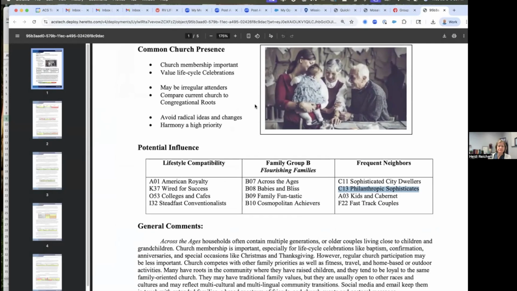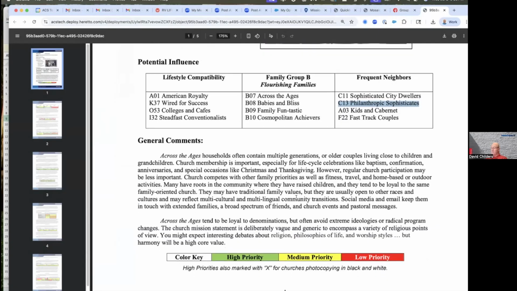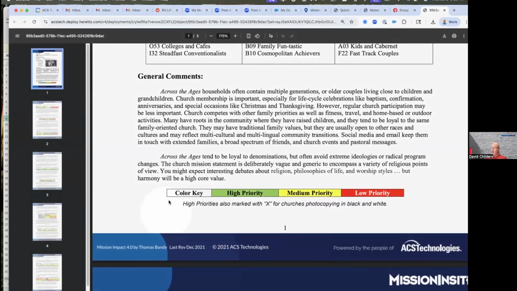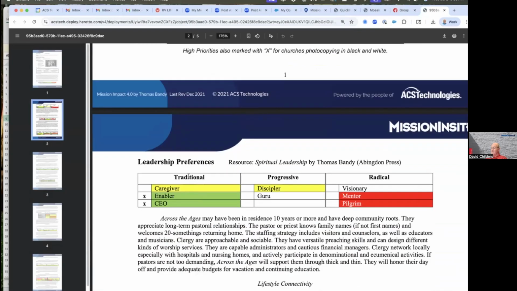Yeah, it's good. And then it gives me general comments about BO7s. And then it gives me a key: high priority, medium priority, low priority. And it gives me that information in leadership preferences. What's the best way in the traditional community of BO7s?